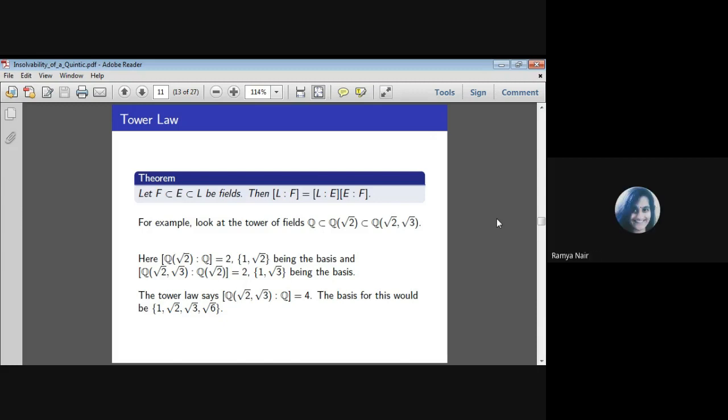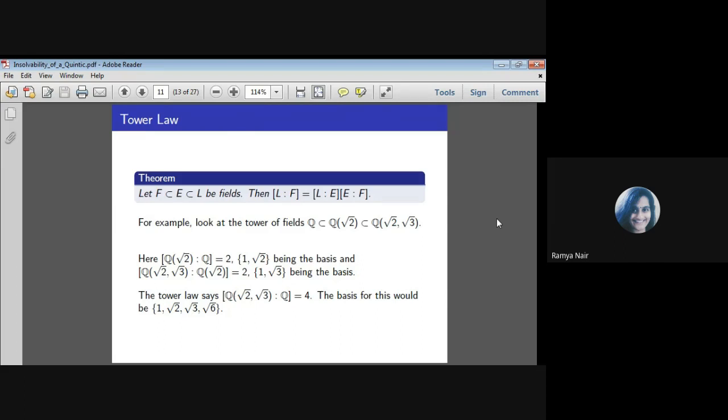So Q root 2 is a field; we constructed it as a field. We use the same kind of construction for adjoining square root of 3. So there the set would look like a plus b times square root of 3, where a and b are elements of Q root 2. Okay, ma'am.